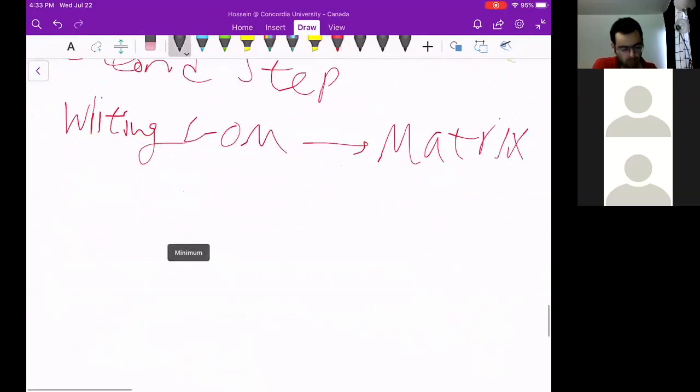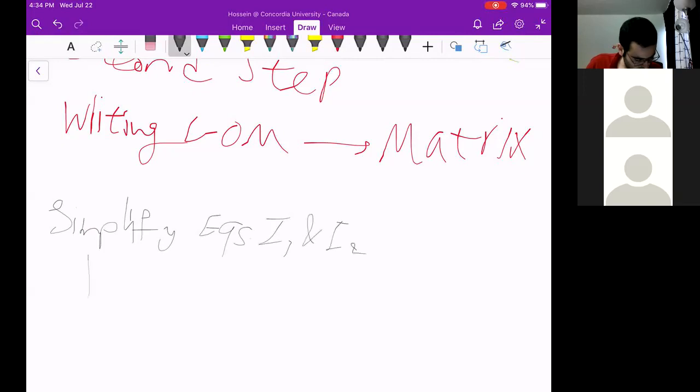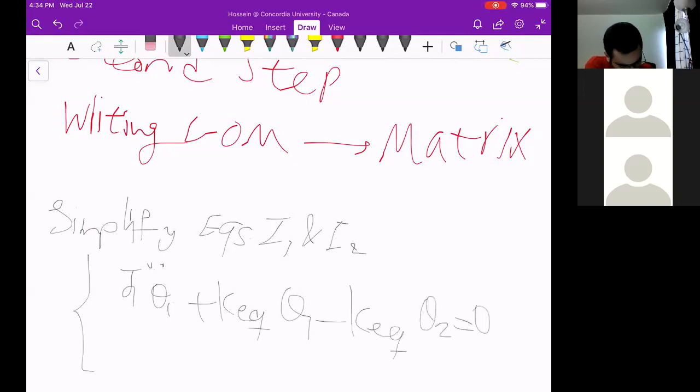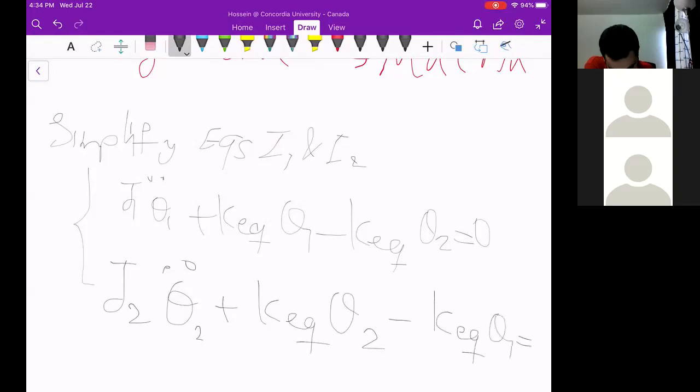We have to write the equation of motion in a standard format, and further simplify equations 1 and 2: J1 theta double dot 1 plus K equivalent theta 1 minus K equivalent theta 2 is equal to 0, and J2 theta double dot 2 plus K equivalent theta 2 minus K equivalent theta 1 is going to be 0.